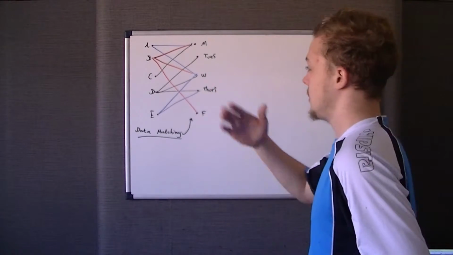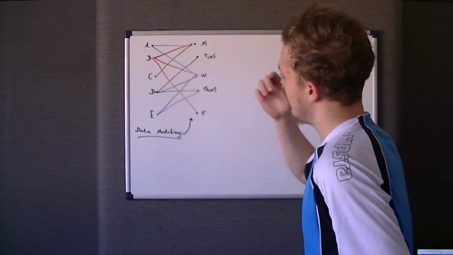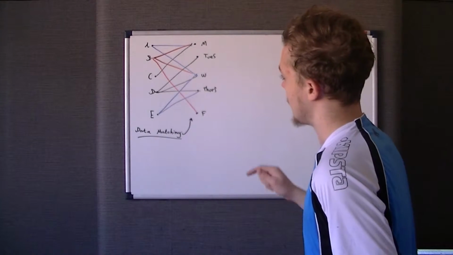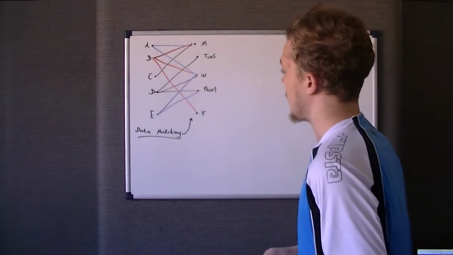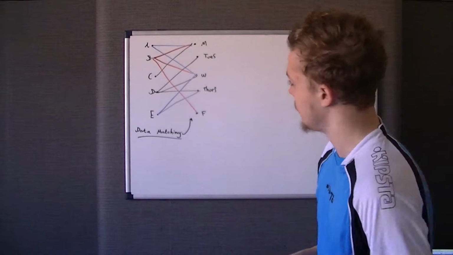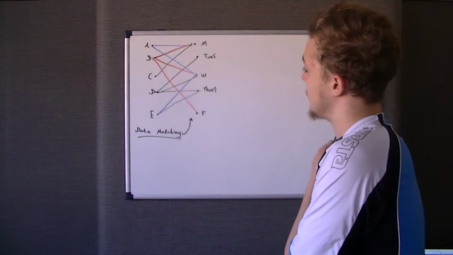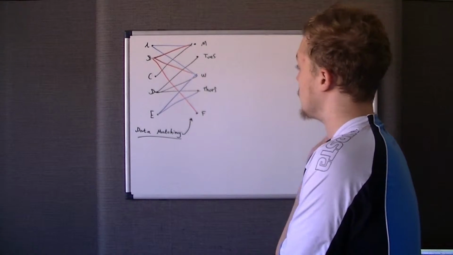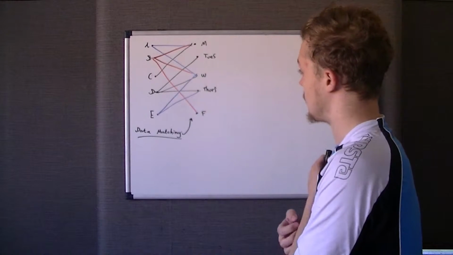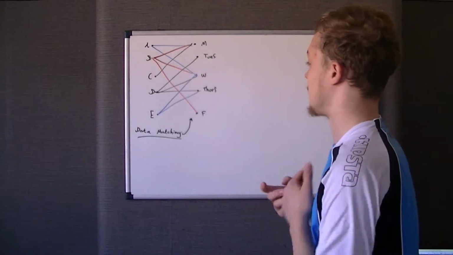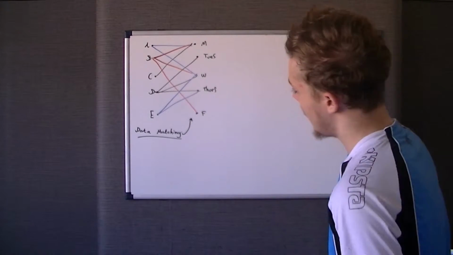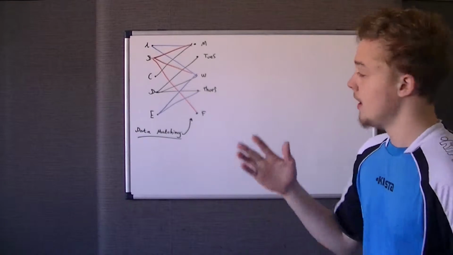This shows what they can do. The lines coming from A show that A can do Monday or Wednesday night, and B can do Monday, Wednesday and Friday, C can just do Monday night, whereas D can do Tuesday, Wednesday, Thursday night, and E can do Wednesday and Thursday. This graph is just showing that.